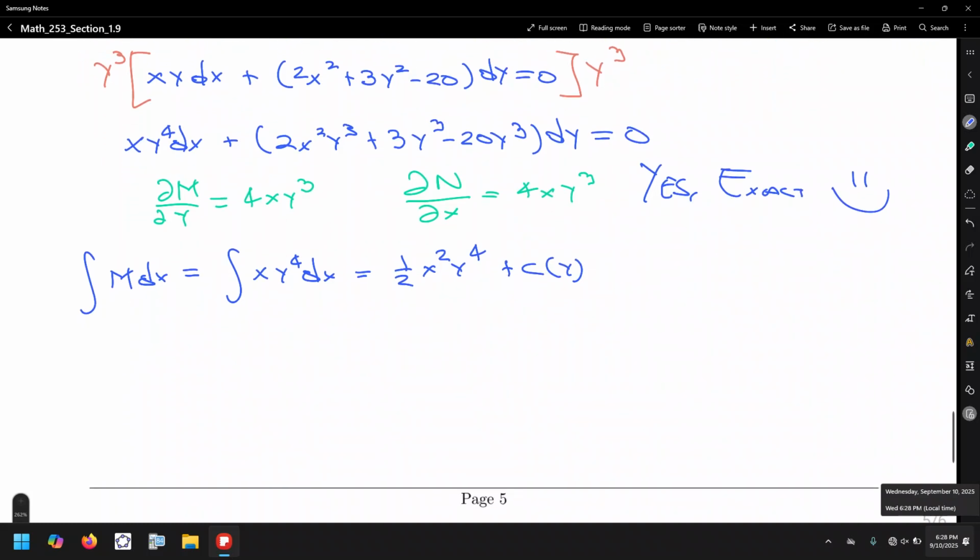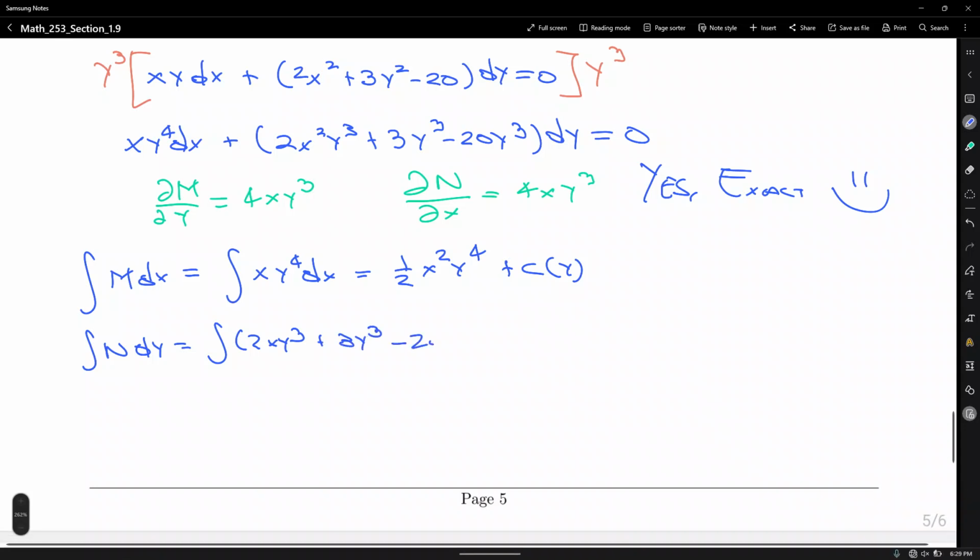Okay, what else? So what about the integral of n dy? That is the integral of 2x squared y cubed plus 3y to the fifth minus 20y cubed, dy. This is going to give us a bunch of terms. We're integrating with respect to y.